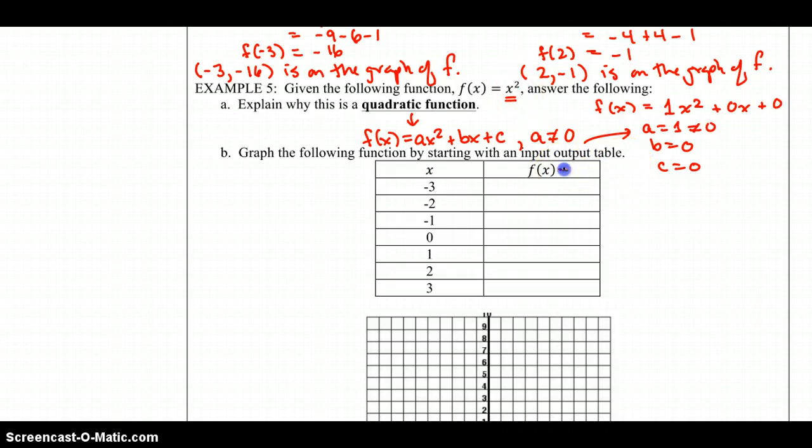So again, f of x equals, we're going to put parentheses around just the variable and square it. So this very first number, I would like you on your calculator to do two things. One, I want you to type negative, and then the 3, and then your squared key.